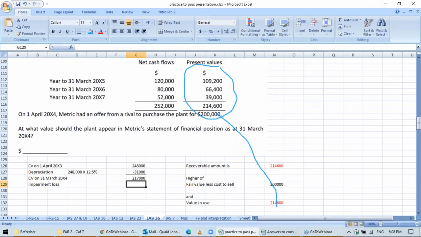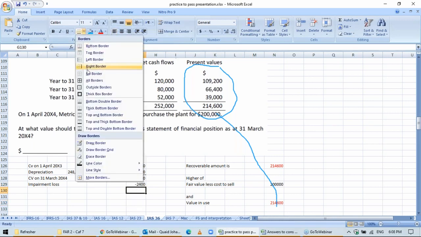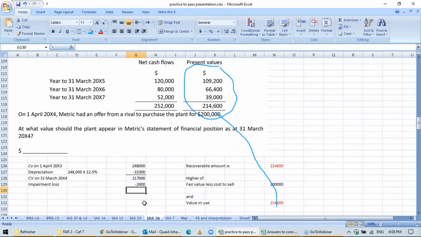The impairment loss is the difference between 217,000 and 214,600. So this makes 2,400 impairment loss. And now the value that appears is equal to the recoverable amount. So it is no more overstated now.